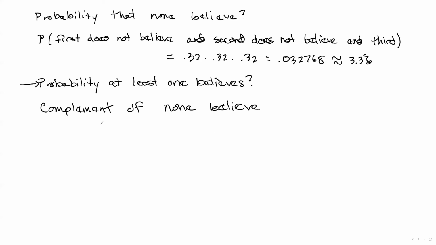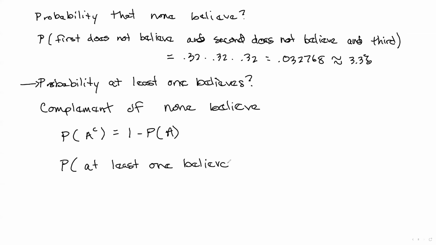All right. And so just a refresher, the probability for complements of events is 1 minus the probability of the event. And so to find the probability that at least one believes, we can do 1 minus the probability that none believe.